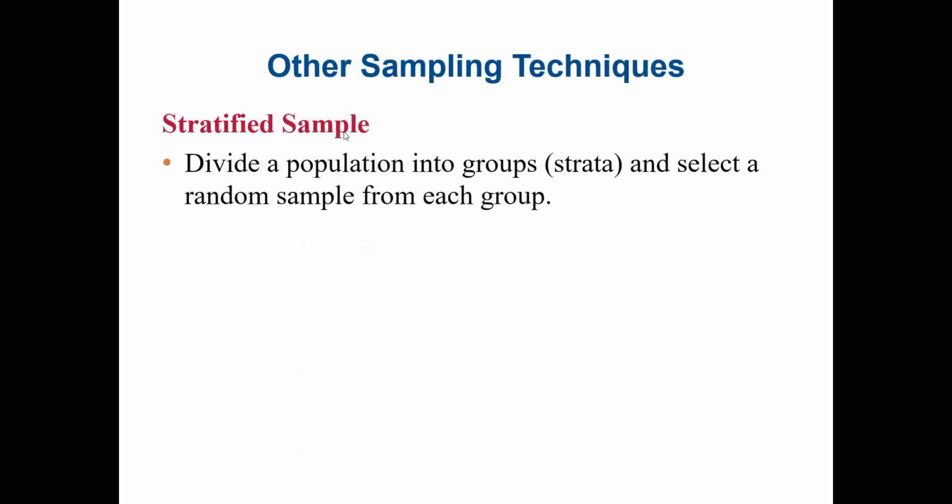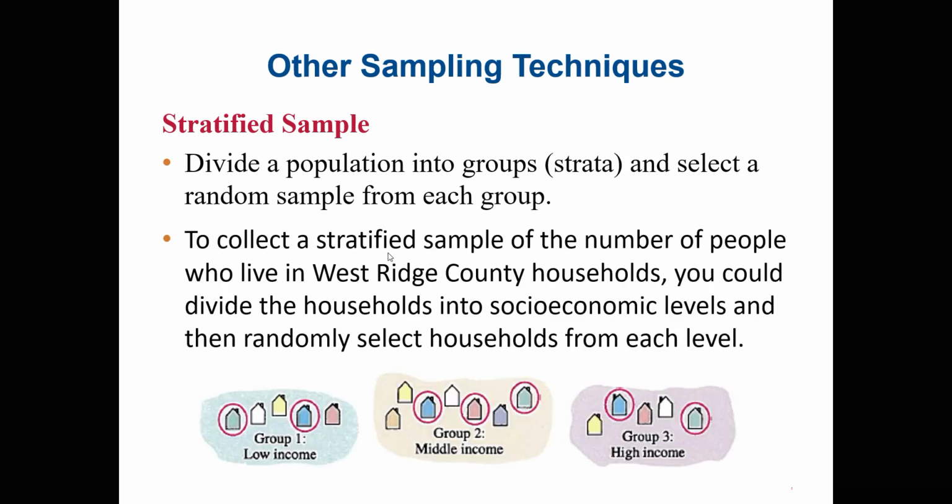Now, the next sampling technique is known as the stratified sample. So under stratified, you have a population. So think of the population of Montreal. You simply divide a population into groups and you select a random sample from each group. So maybe you group by neighborhood and you randomly select from each neighborhood.